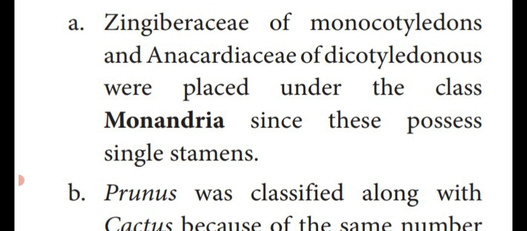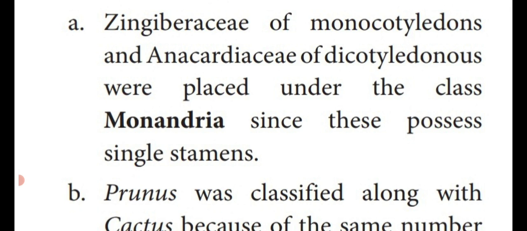Both of them are totally different groups, isn't it? Yet these groups are placed under the class known as Monandria. Why did he place these unrelated plants into a single group? Based on the single stamen.